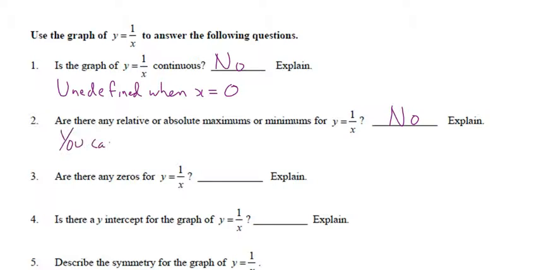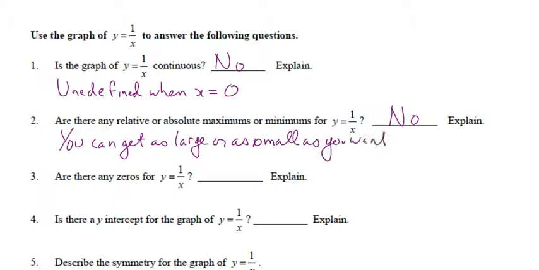And you can get as large or as small as you want. Are there any zeros? No. Why not? There's no value of x that will give us a y value of 0?